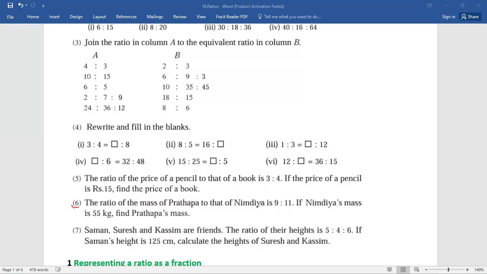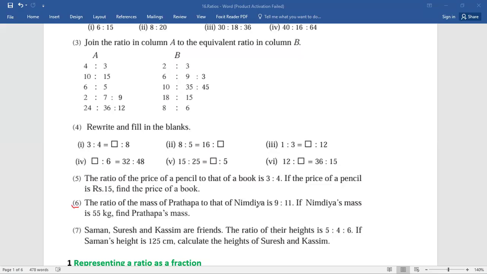Kasim, K. So Sa to Su to K. Saman, Suresh, Kasim. Sa to Su to K. The ratios that we were given are 5 to 4 to 6.